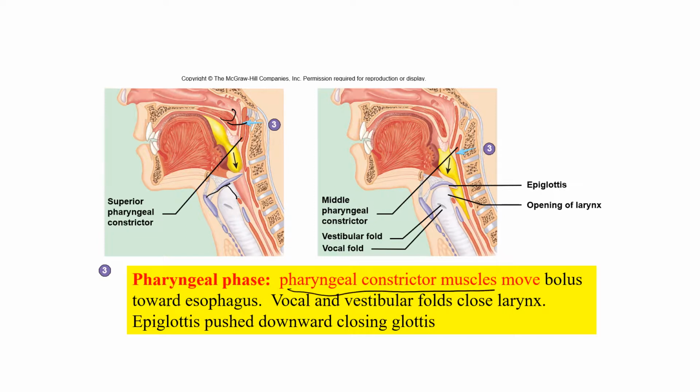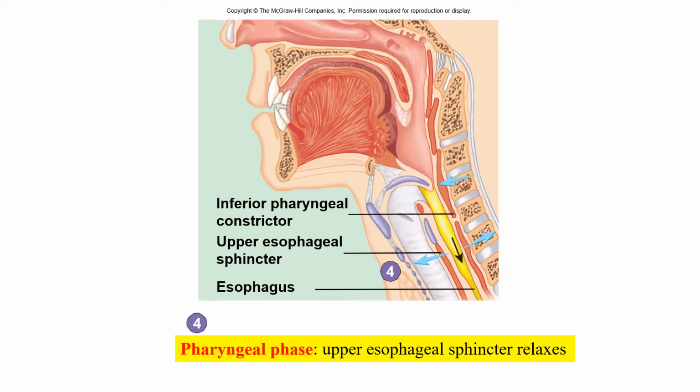Pharyngeal constrictor muscles are going to move the bolus of food towards the esophagus. At the end of the pharyngeal phase, the bolus of food opens the upper esophageal sphincter, moving the bolus of food into the esophagus.